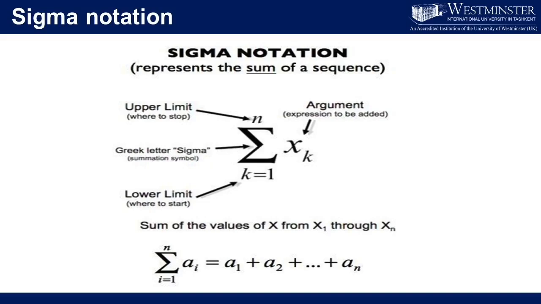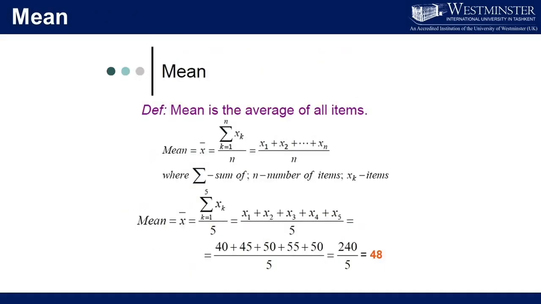In this case, k is equal to 1, meaning if we have to add the values, we start from k, which is equal to 1, and end at n, which means we simply have to sum all the values given in this notation. Let's look at the formula.